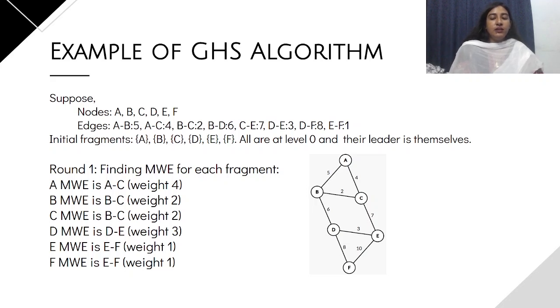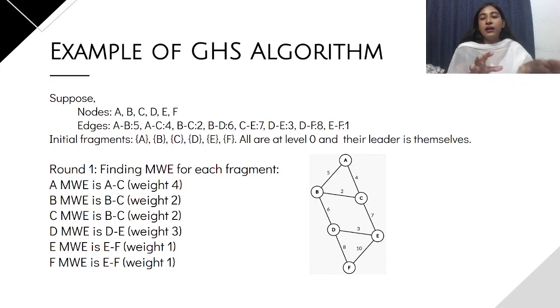We can see the graph of this. Here are 5 nodes. If I talk about the edges with weights, A to B has weight 5, A to C has weight 4, B to C has weight 2, and B to D has weight 6.